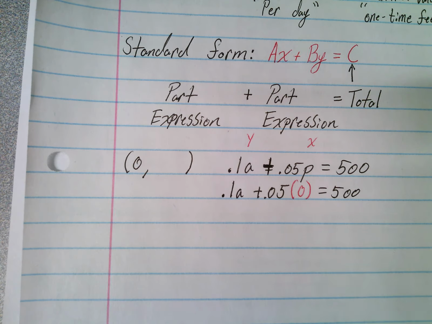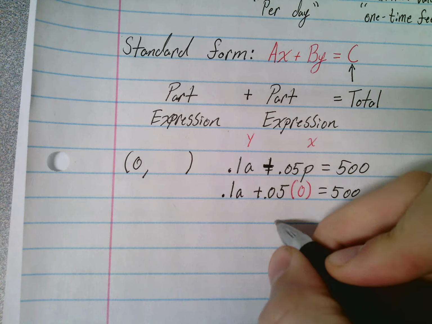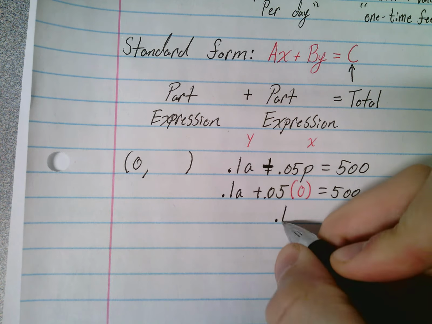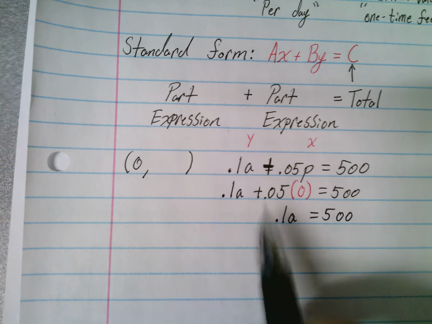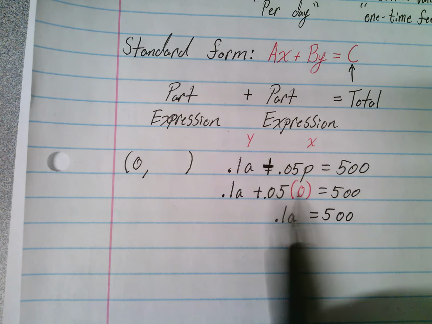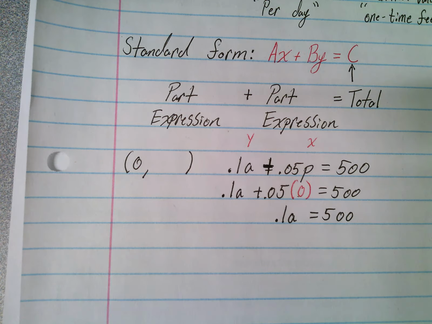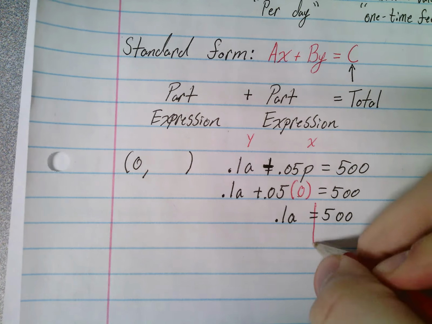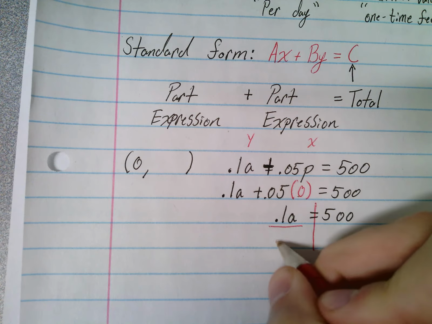Well, 0.05 times 0 is just 0, so that goes away. So 0.1A equals 500, because 0.1A plus 0 would just be 0.1A. Then to get A by itself, we use our inverse operations and divide by 0.1.